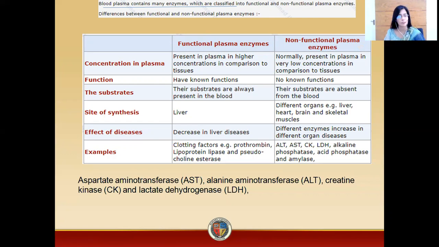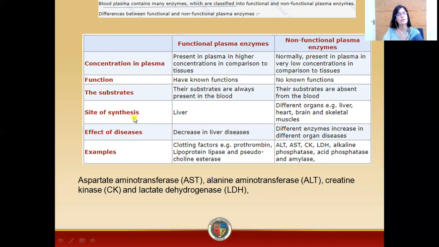Now, these functional plasma enzymes have specific roles within the plasma, well-designed roles, while these non-functional plasma enzymes don't have any known role in the plasma. Substrate for these functional plasma enzymes are present within the plasma, while the substrate for these non-functional enzymes are absent in the plasma or in the blood.